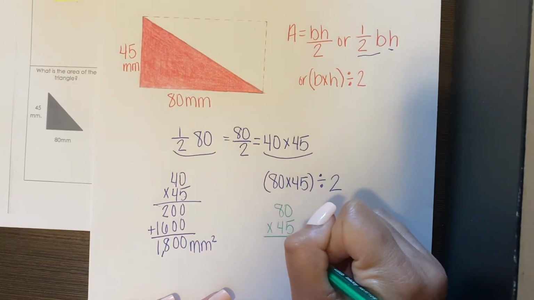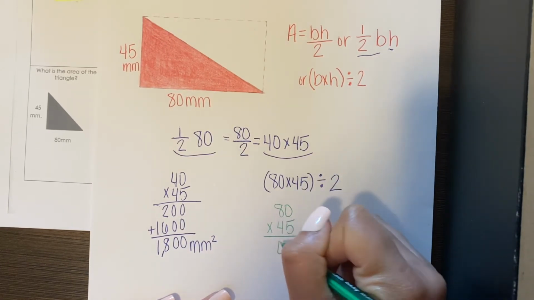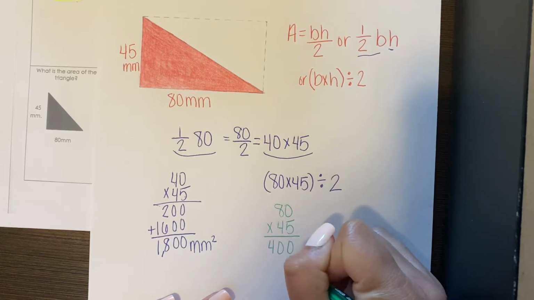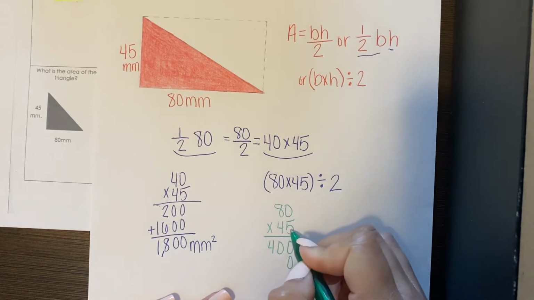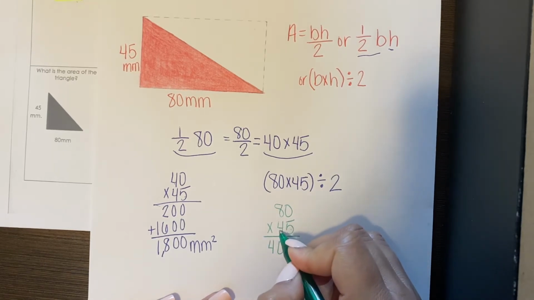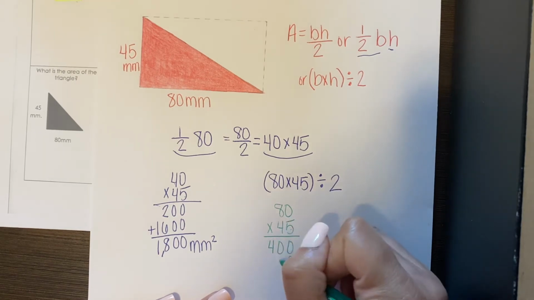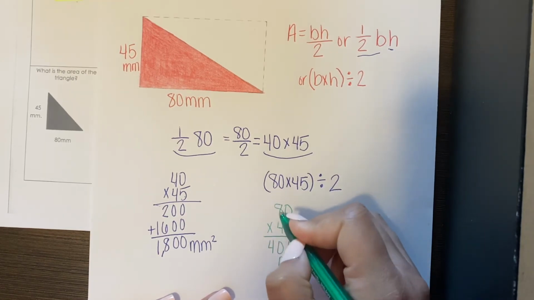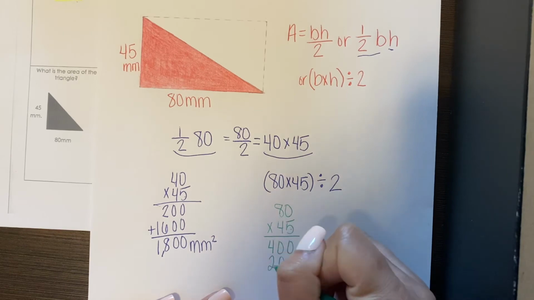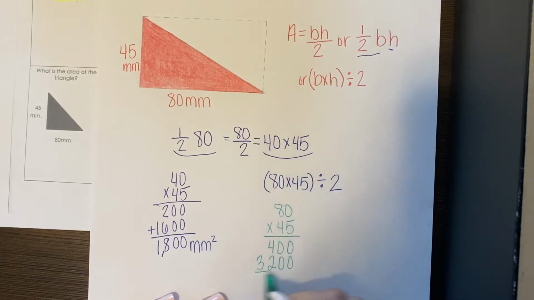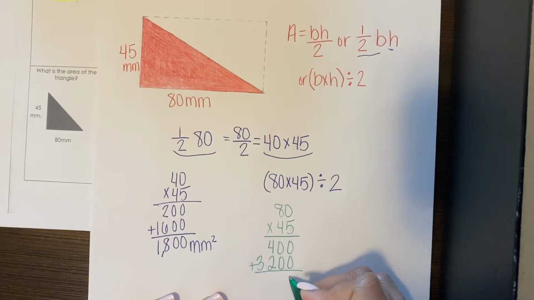5 times 0, and then 5 times 8 is 40. I'm going to put a placeholder because I'm done multiplying the 5, and I'm moving over to the 4. 4 times 0, and then 4 times 8 is 32. And then I'm going to add my partial products, 0, 0, 6, 3.